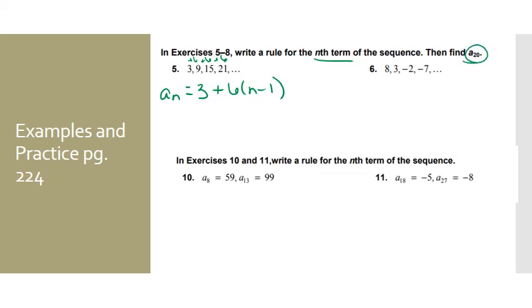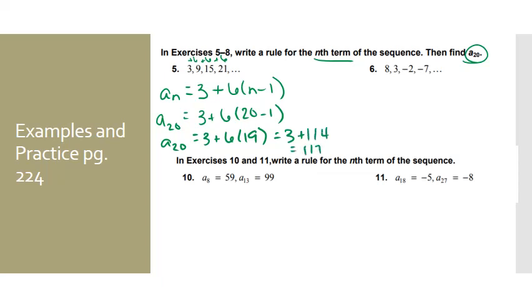This question also asked me to solve for a sub 20. So I'm going to plug 20 in for n. So then this would be 6 times 19, and so that would be 3 plus 114. So my 20th term is 117.